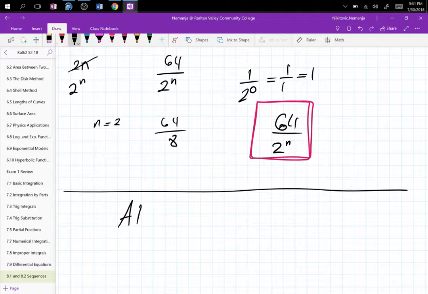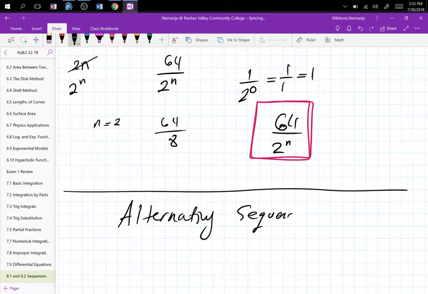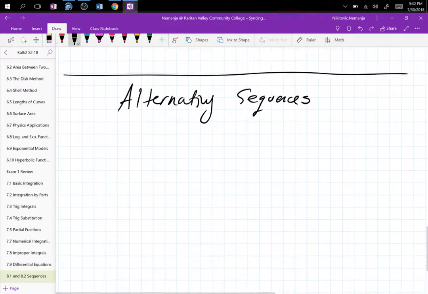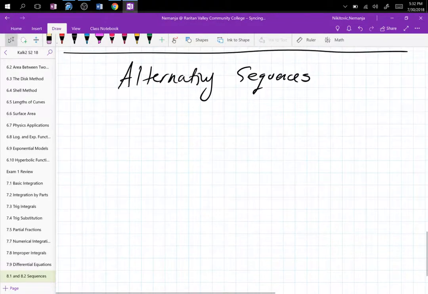Alternating sequences. So we'll have alternating series as well. That's all the way, I believe, in the last section of chapter 8, 8.6.